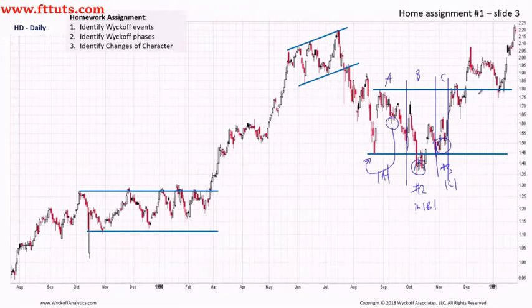So I think I would definitely accept this type of labeling with one exception, and that is that it seems that phase A is somewhat larger than phase B. And in some instances, guys, unfortunately, it's not going to work out like this, right?